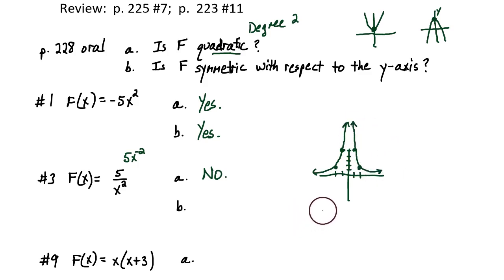Does this look symmetric with respect to the y-axis? Does one side look exactly like the other side and the y-axis runs right down the middle? I think it does, so I'm going to answer this question yes.